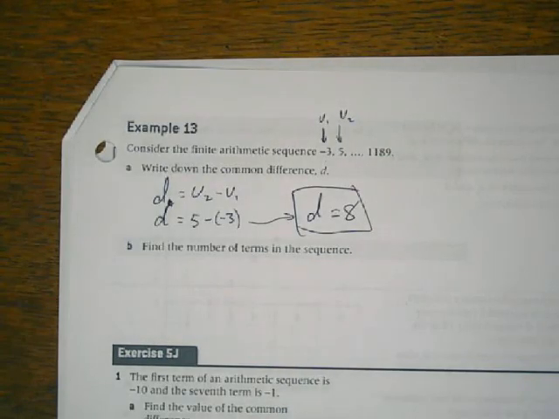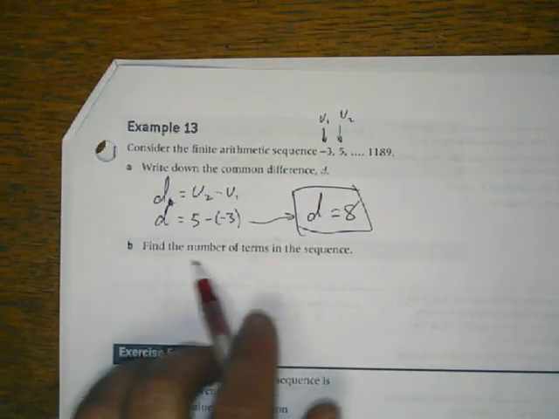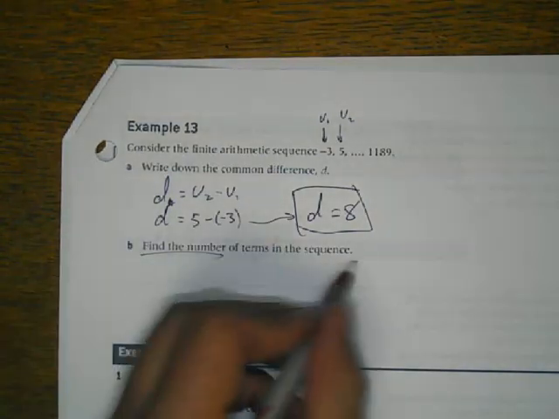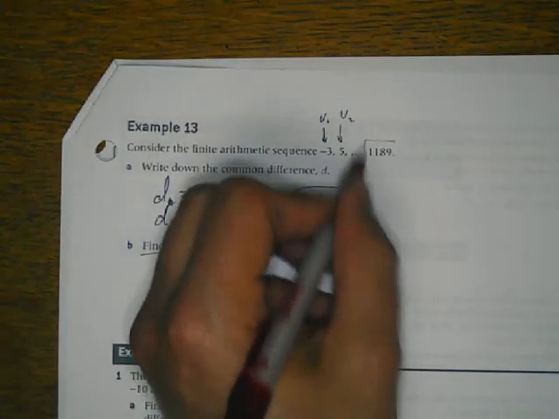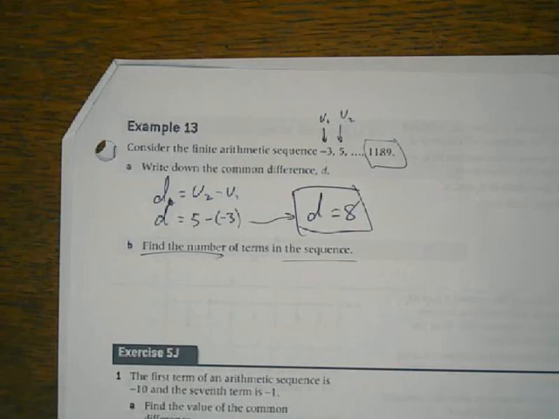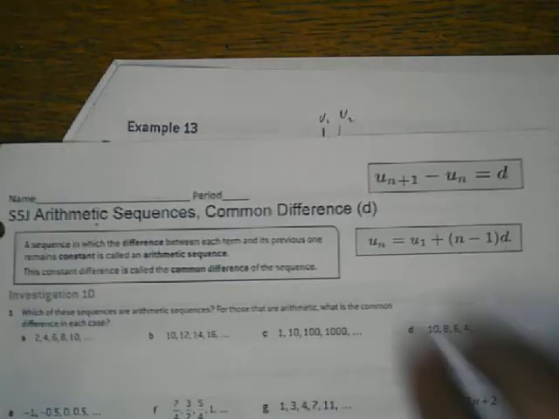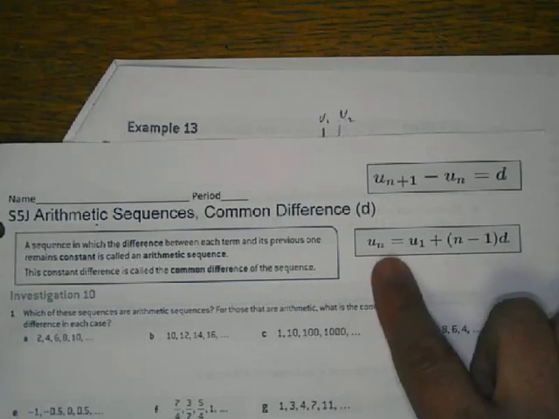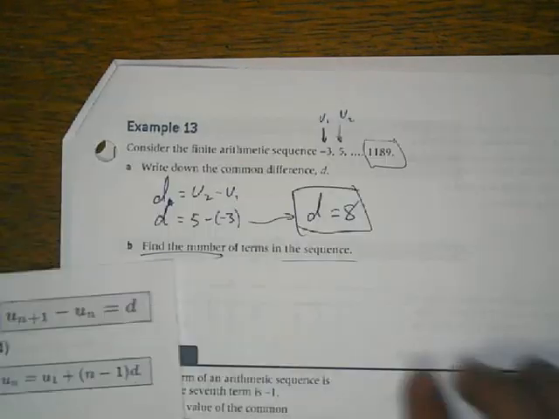Okay, so now find the number of terms in this sequence. So we know this is our final term, right? So using our formula, u subscript n equals u1 plus (n minus 1)d. Let's write this down.